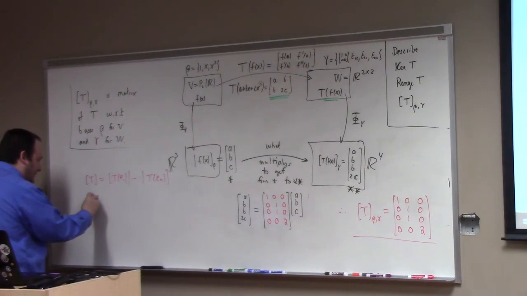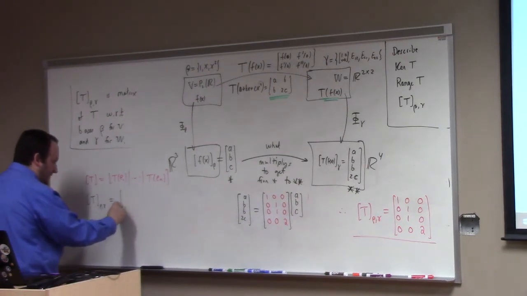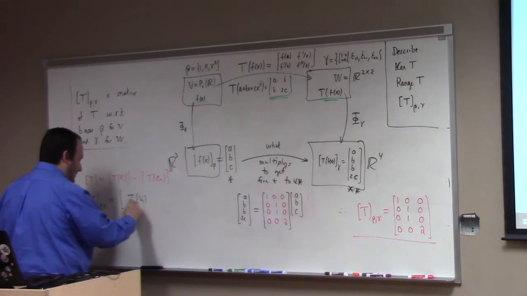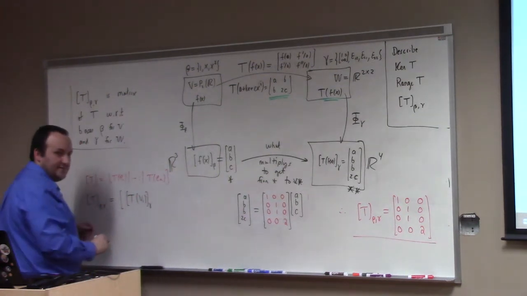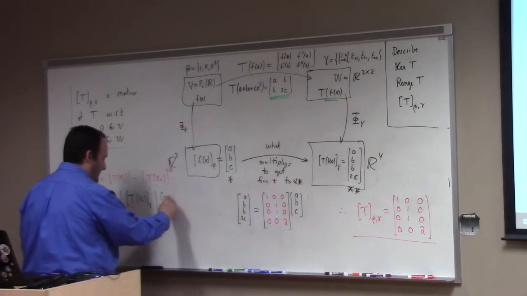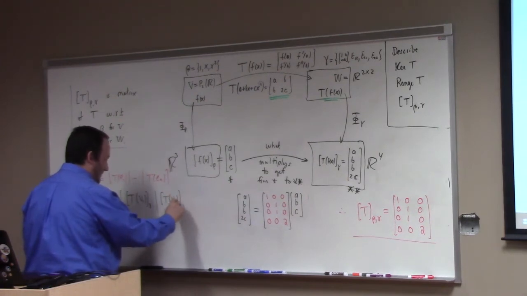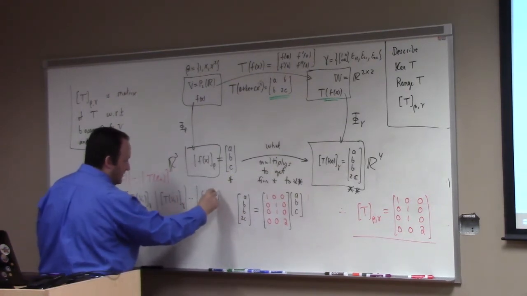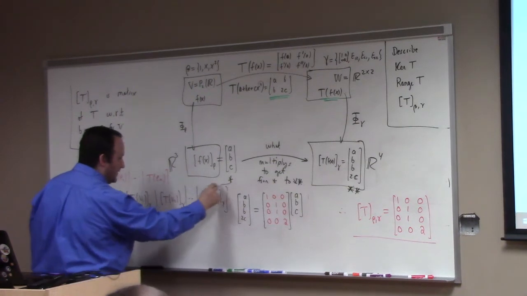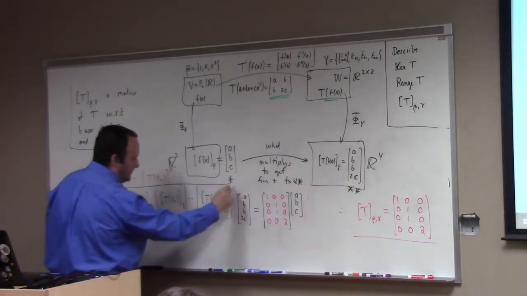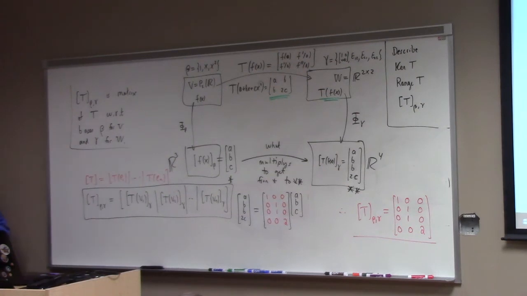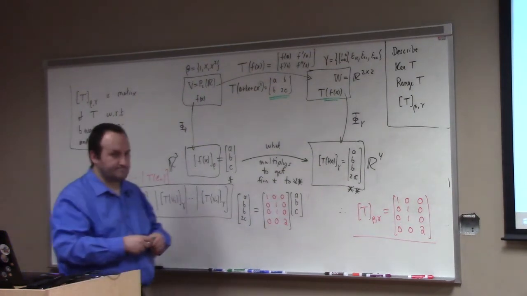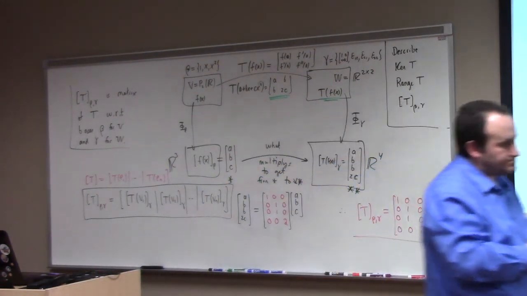You can say that the matrix of T with respect to beta gamma is specifically T of V1 with respect to the gamma basis, and then the gamma coordinate vector of T of the second basis vector in beta, and so forth. So you can calculate it like this as well, and sometimes I do. This is the other way to do it. If you want to attack the matrix one column at a time, you can take that approach. Where V1 through Vn are the basis in V.